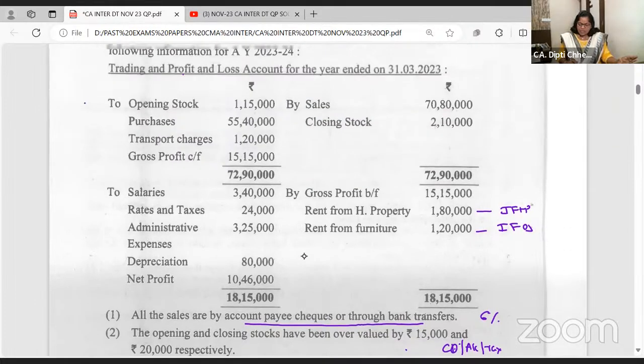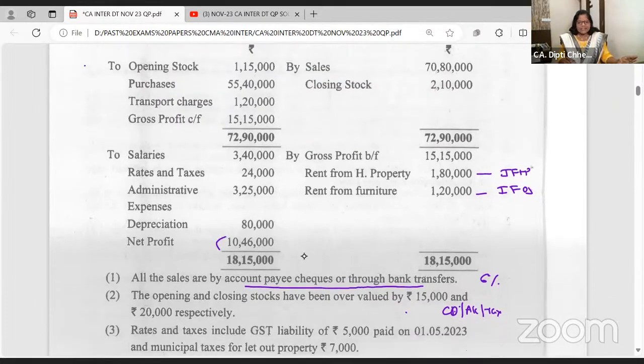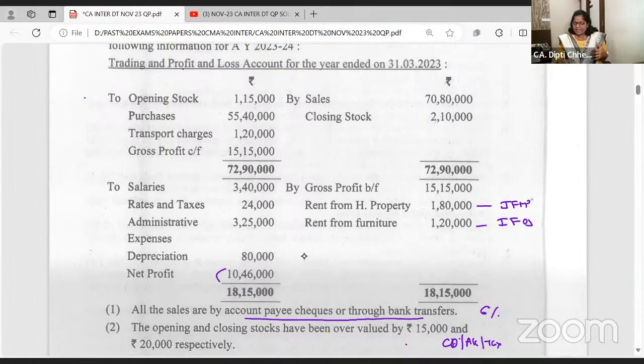So now you have to start with what? 10,46,000. Yes, in business head you have to do add and less. Now when you do add and less, always start with credit side, and I call it kachra. Whatever is not business income and it's a part of this, remove it.